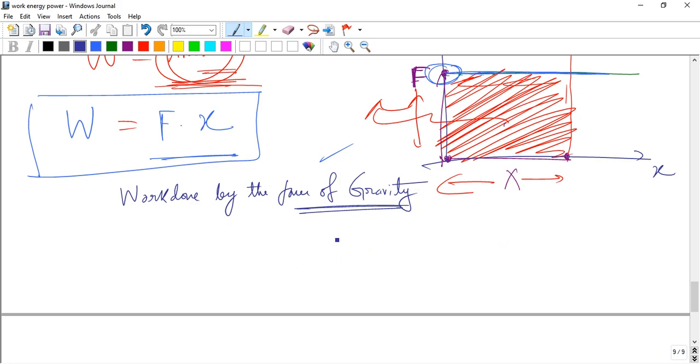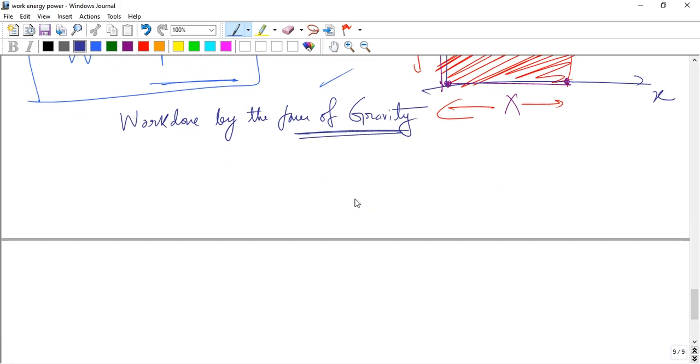So if there is some object here, then the gravitational force is the downward force of gravity, represented by Fg, also called weight. If the body is now displaced to the ground from some height h, a body now displaced from height h.